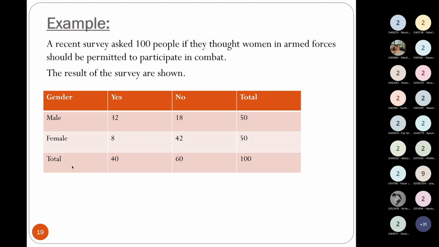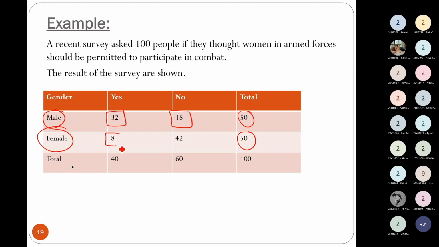Example about conditional probability. Look at this table. We have a survey of 100 people, male and female, asking whether the armed forces should be permitted to participate in combat, yes or no. We have 50 males and 50 females. Males: yes 32, no 18.